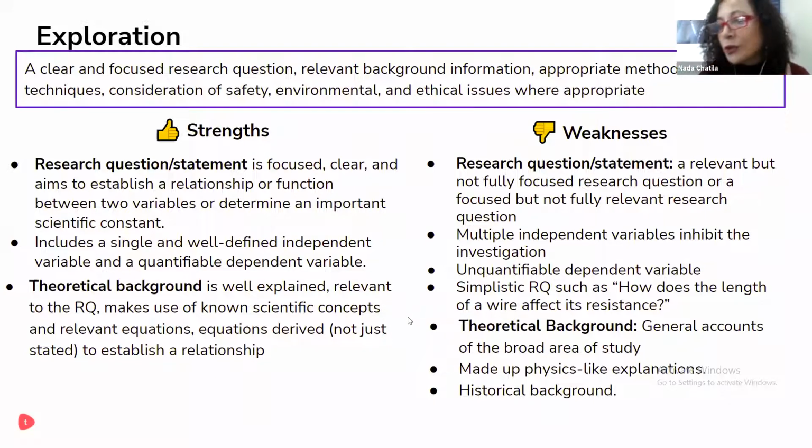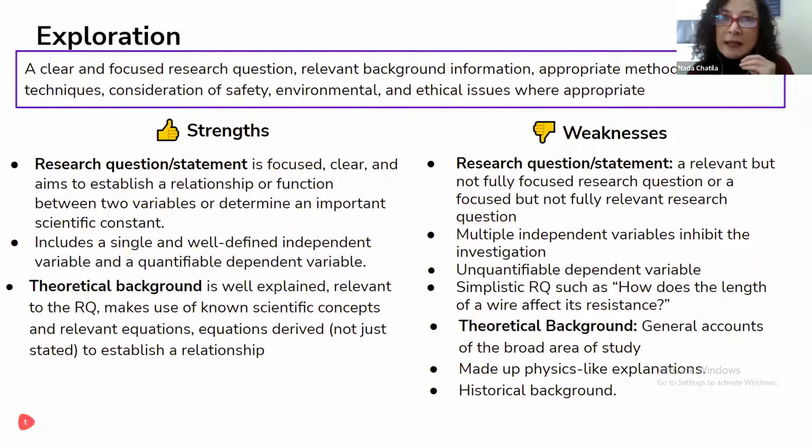I would like to mention something many students do: they include a hypothesis at the end of their theoretical background. The hypothesis is not a requirement. However, if it is included, it will be a strong hypothesis if it is based on the theory, an informed guess rather than just a guess.